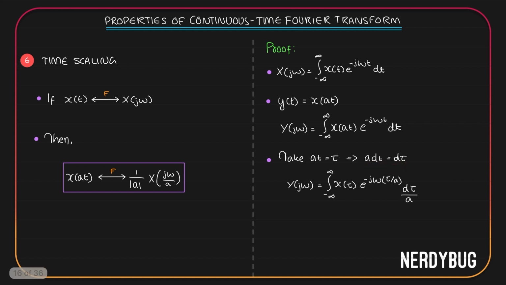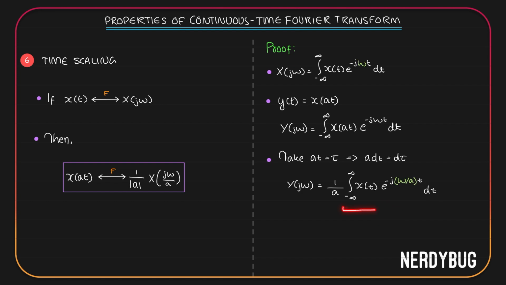We got that from here. Now 1 by a is a constant, we can take it out of the integration. It doesn't matter what we call the variable to which we are finally going to give the limit. So we have tau here, here and here. We can simply call it t. We have omega into t by a here. We can write it as omega by a multiplied by t.